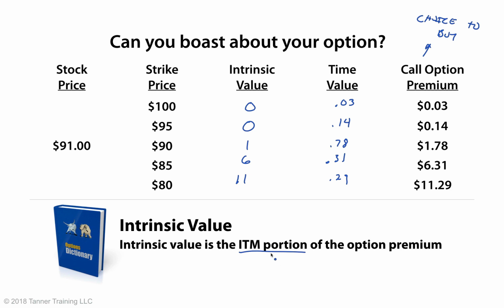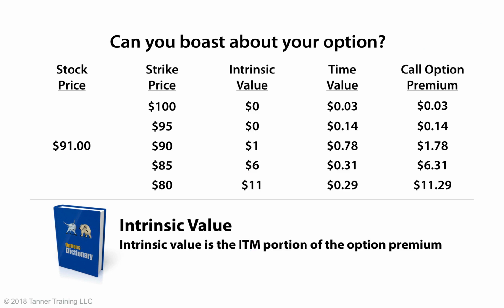In other words, a portion of this is for time and a portion of this is for intrinsic value. So here it's $1. The portion of this one is $6. The portion of this one is $11. And it's pretty easy math to figure out. So there it is, printed nice and neat.